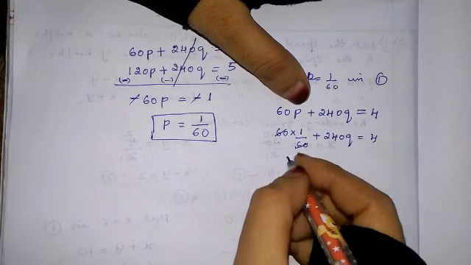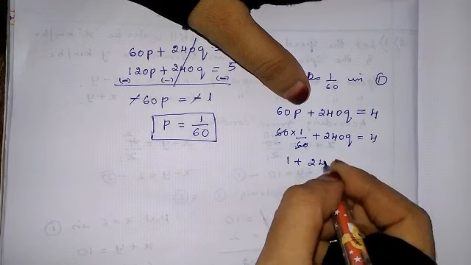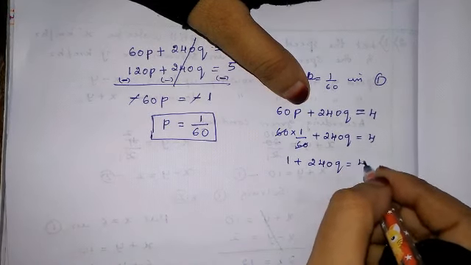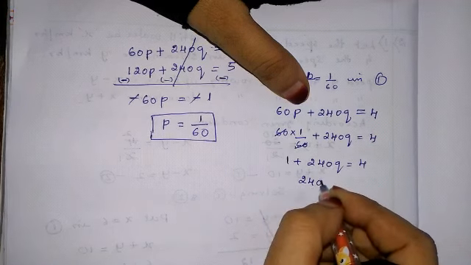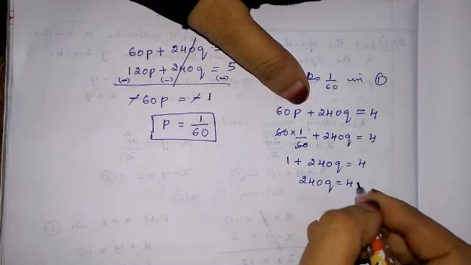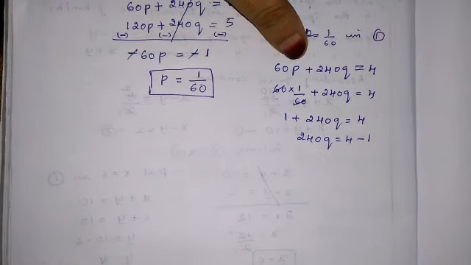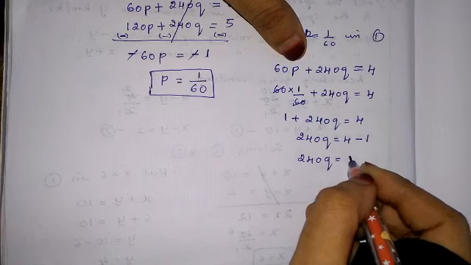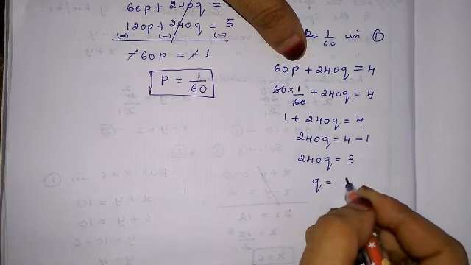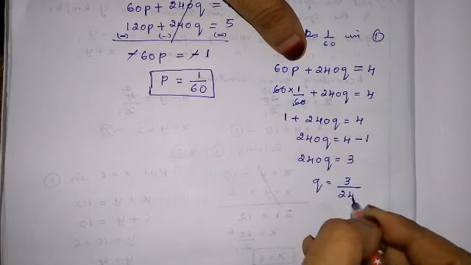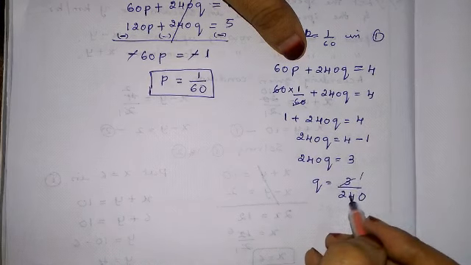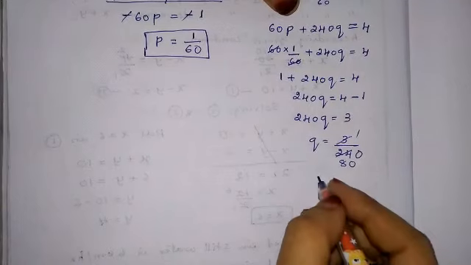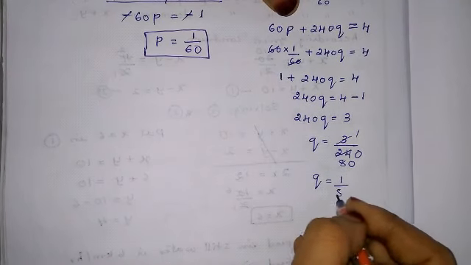The 60 gets cancelled. 1 plus 240q is equal to 4. 240q is equal to 4 minus 1, so 240q is equal to 3. q is equal to 3 by 240. So 3 1s are 3, 3 8s are 24, 0 as it is. The q value we got is 1 by 80.